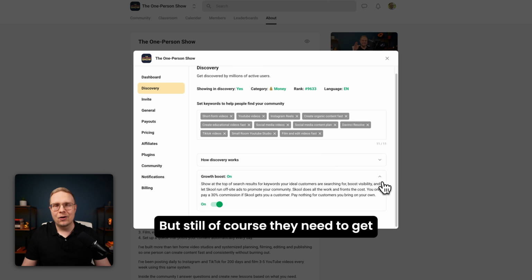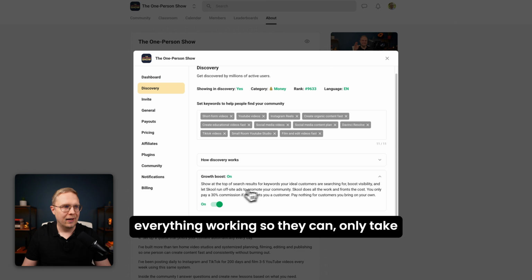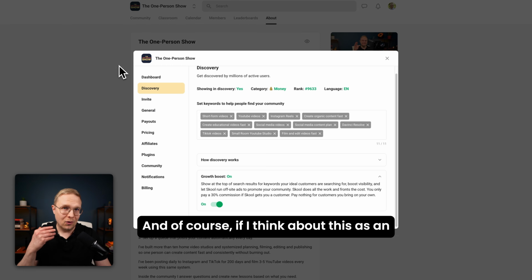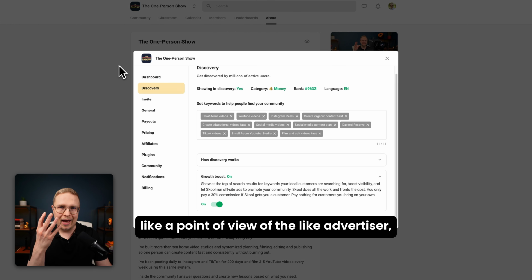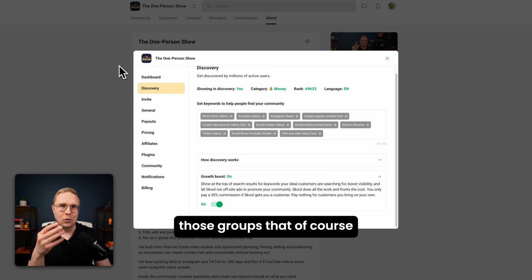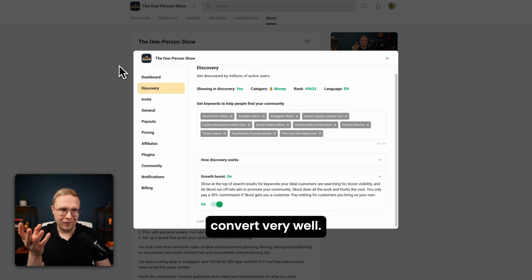But still, of course, they need to get everything working so they can only take this 30% commission and be profitable. And if I think about this from the point of view of the advertiser, they probably need to use their budget on those groups that convert very well.